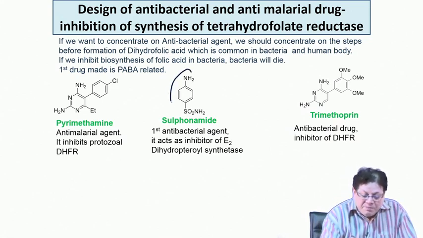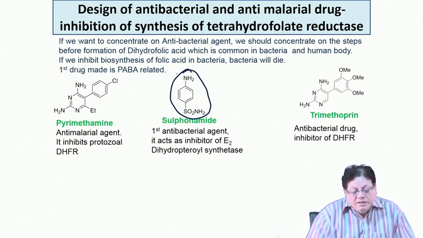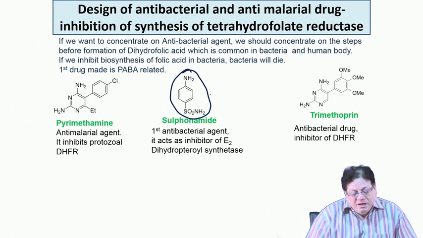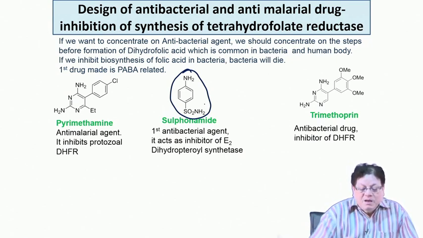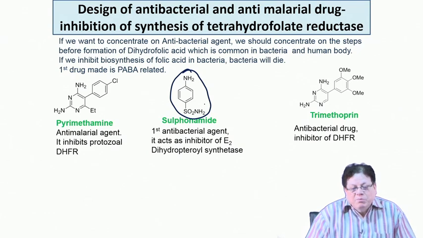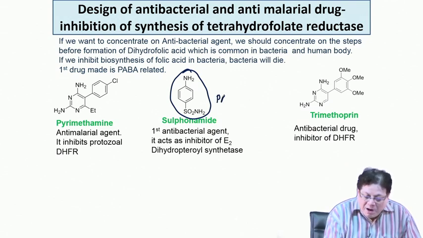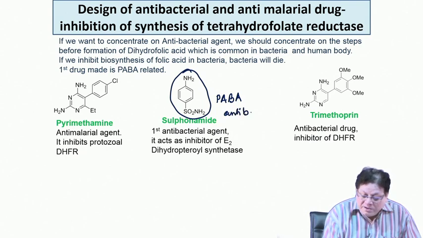Based on that, sulfonamides, that means para-amino benzene sulfonamide, mimic the structure of para-amino benzoic acid, and molecules which possess the para-amino benzene sulfonamide moiety or can be converted into it can inhibit the enzyme responsible for incorporation of para-amino benzoic acid. These are called PABA analogues, and they are antibacterial agents.